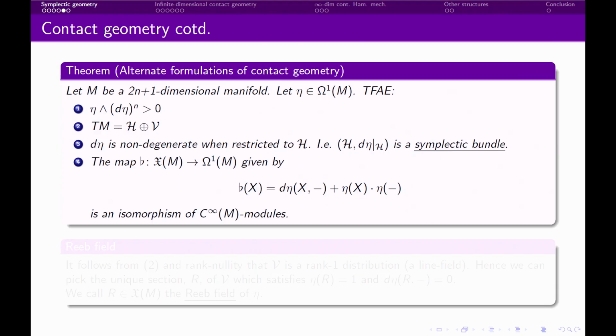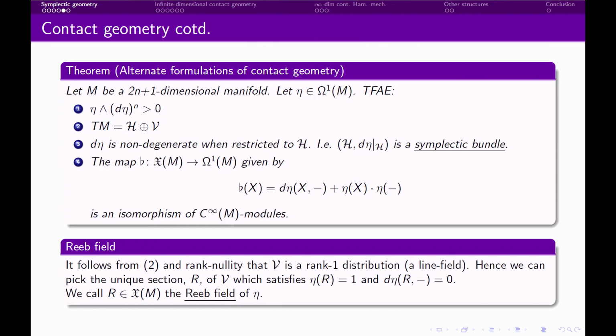These four conditions are all equivalent to each other and to a form being contact. It follows from rank-nullity that V has rank 1, so it's a line field, and we can pick a unique section R which satisfies eta of R equals 1 and d eta of R equals 0. This we call the Reeb field.